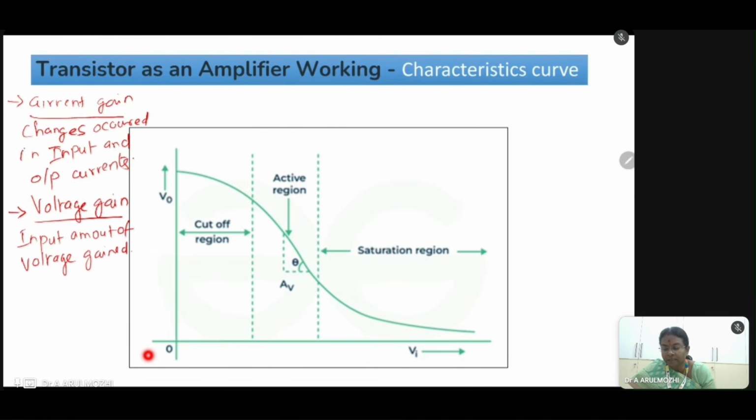Or we can say, if there are very small variations in the input and the output currents, what about the output voltage?